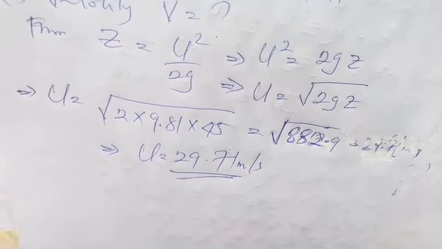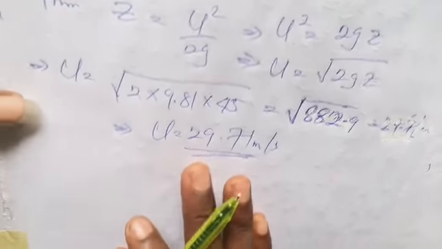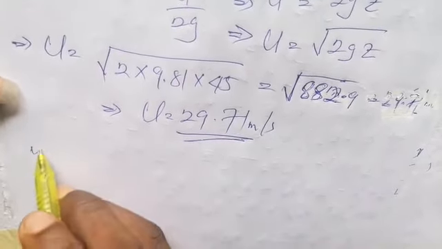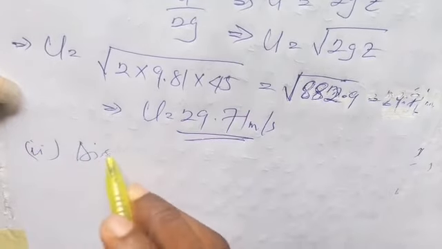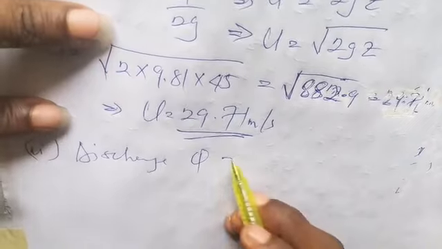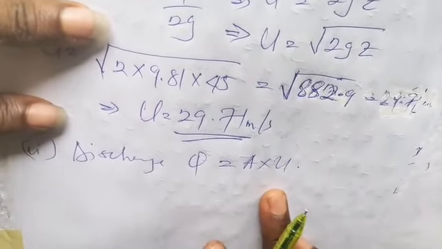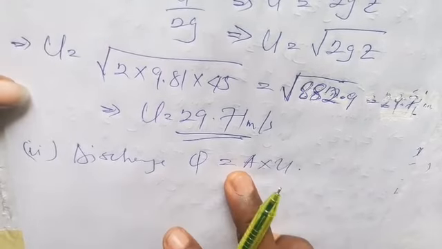The next question says find the discharge. We know that discharge Q is simply area times velocity. We know the velocity, so all we need to do is compute the area.